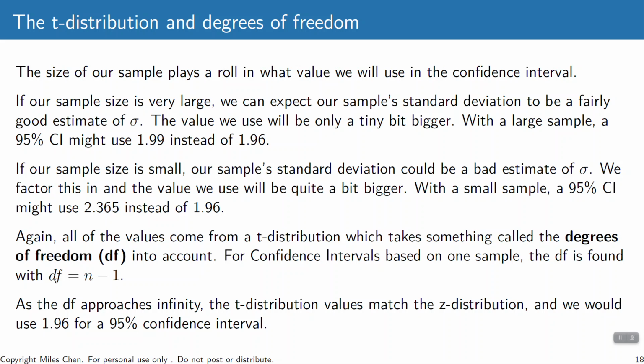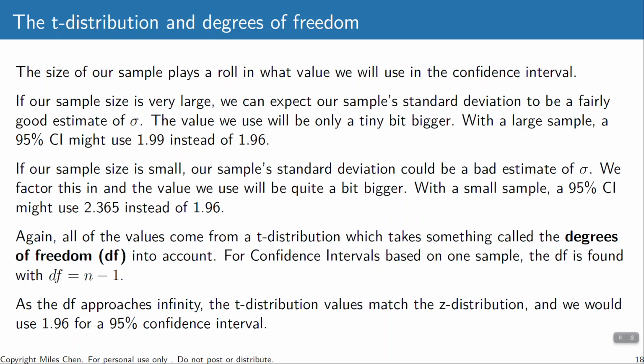But for this confidence interval, our degrees of freedom is our sample size, n minus 1. I don't feel like getting into the concept of degrees of freedom too much, so we'll just ignore it, okay?